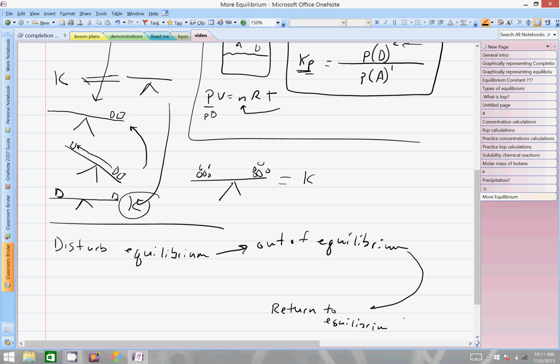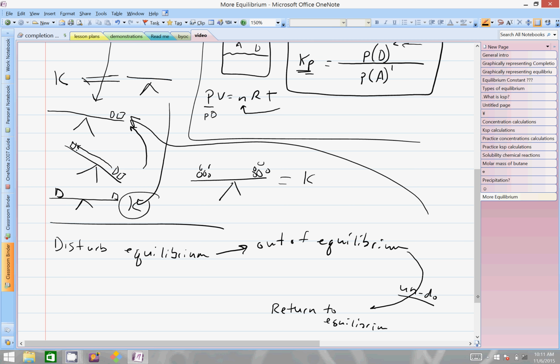Whatever you did to this thing, it will try to undo. If you add something, it will try to remove it or balance it. If I add bricks to one side, it will attempt to remove bricks from that side and put them on the other side, in order to retain balance.